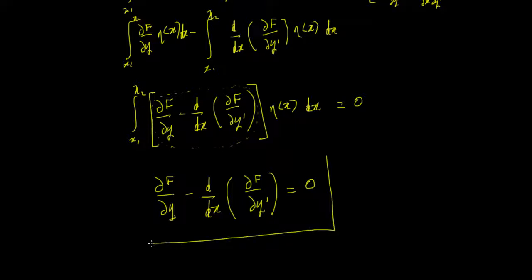So that there is a more analytic and more generalized derivation of the Euler Lagrange equation. In the next video we'll go over quickly the fundamental lemma, which is just a proof that this term must equal 0 in order to make the whole integral equal to 0.